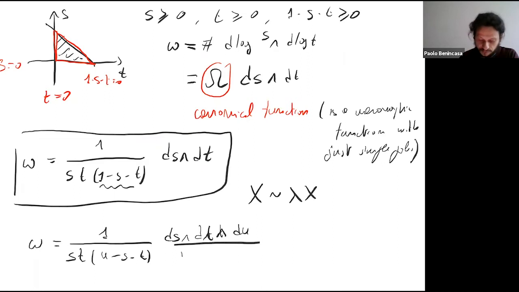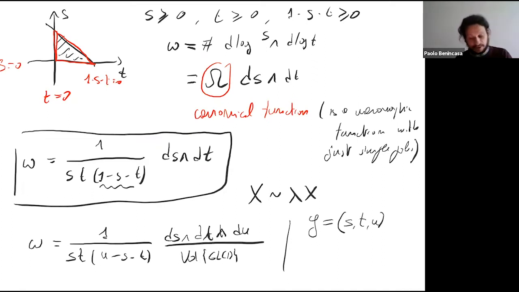And here I have to divide by the rescaling. So really you have a space, which I will call big Y, which has coordinates s, t, and u. Your vectors are in principle vectors in R3, but then you kill one of the degrees of freedom because you are taking rays. All the points on a given ray starting from the origin of R3 are equivalent to each other.